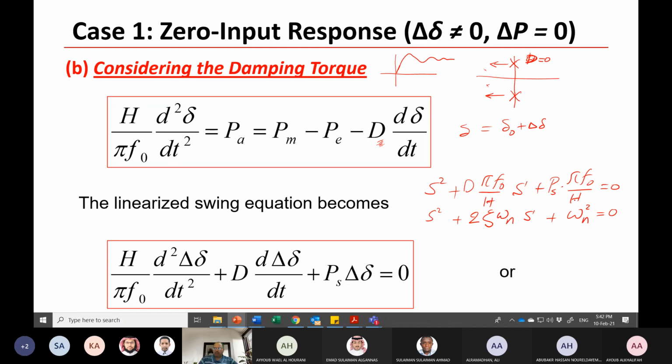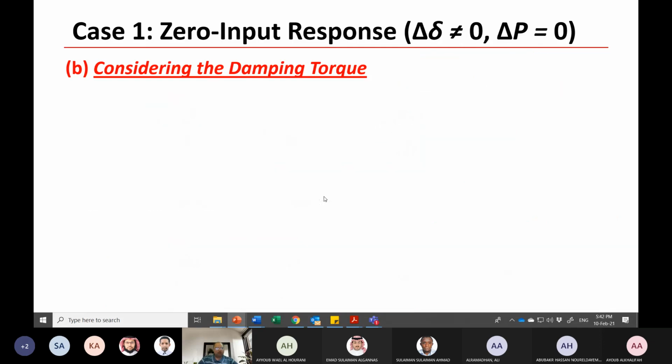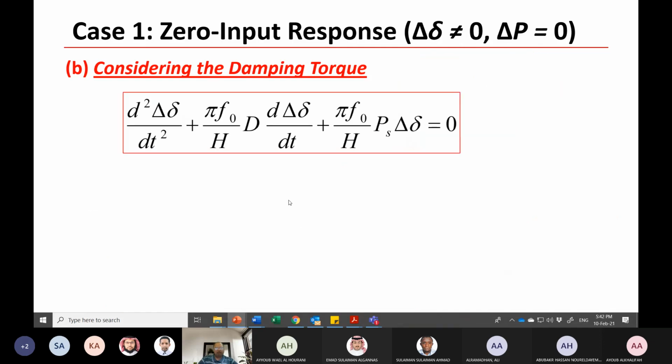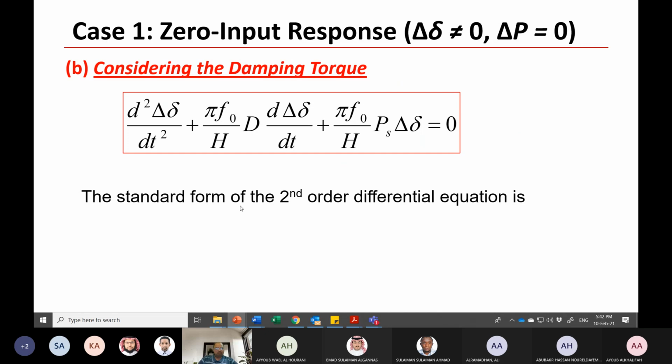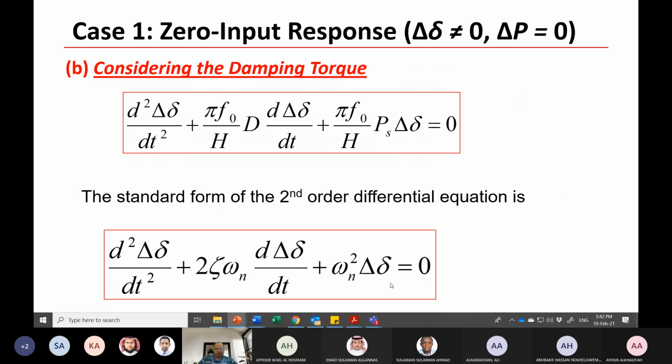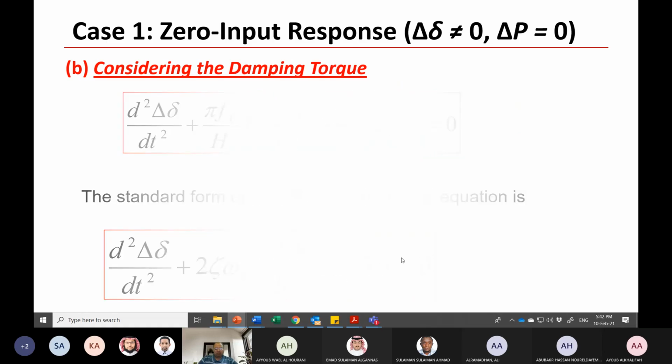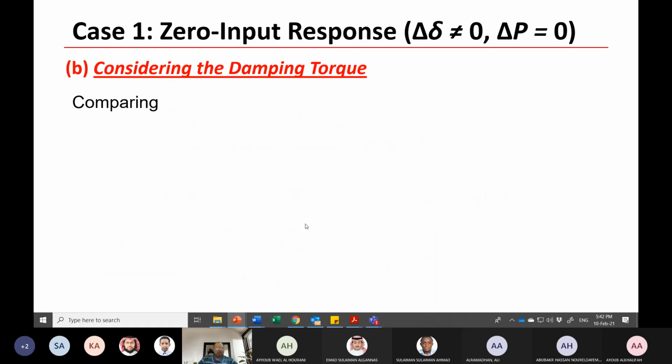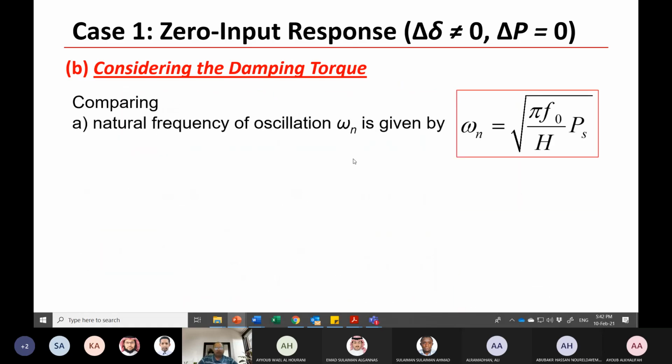And with omega n, you can then substitute and get zeta for the system, the damping coefficient. So considering the damping, we multiply this by the coefficient here, and the standard form of the second order system is as such. If you compare, you get omega n square, the natural frequency, equal to the same as before.